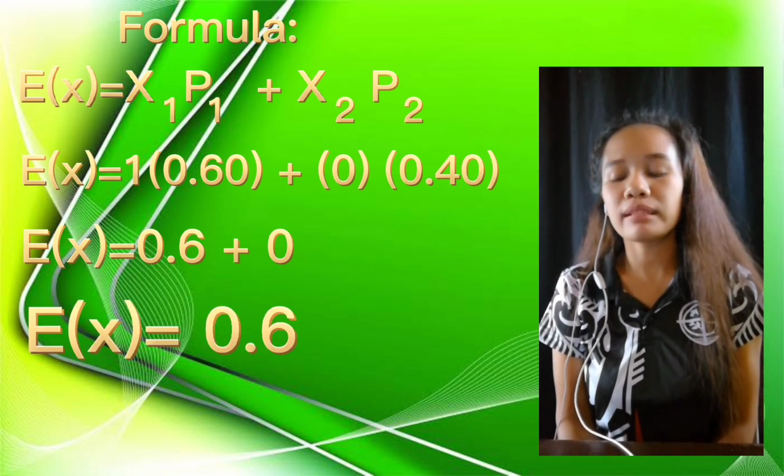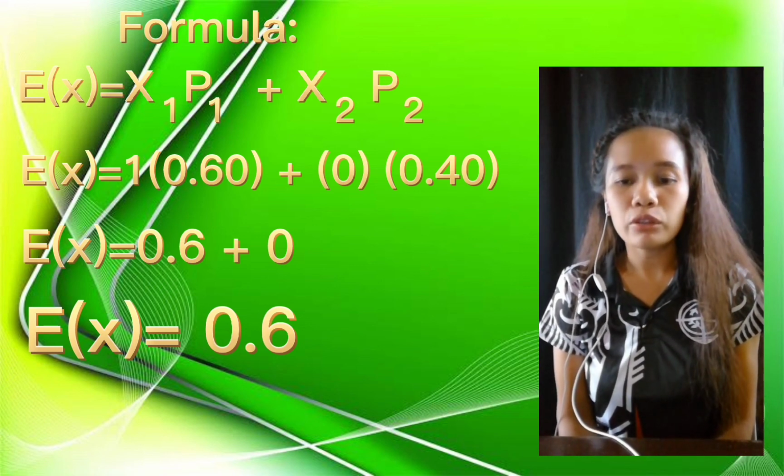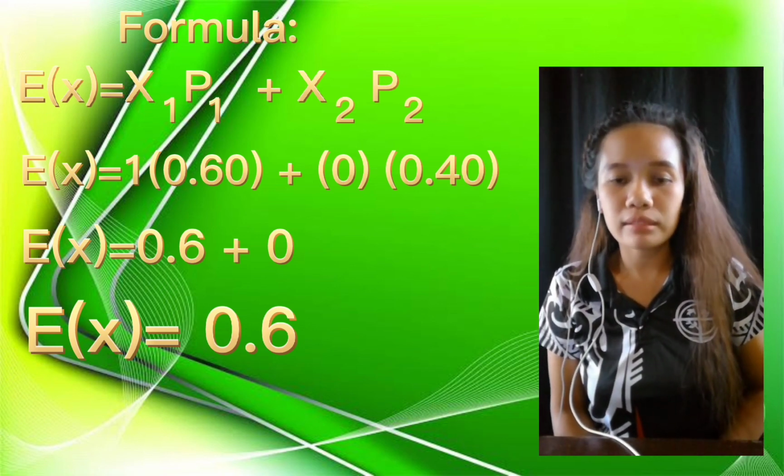Since we have 0.6 added to 0, our expected value of success is 0.6. That is how to solve an expected value of probability.